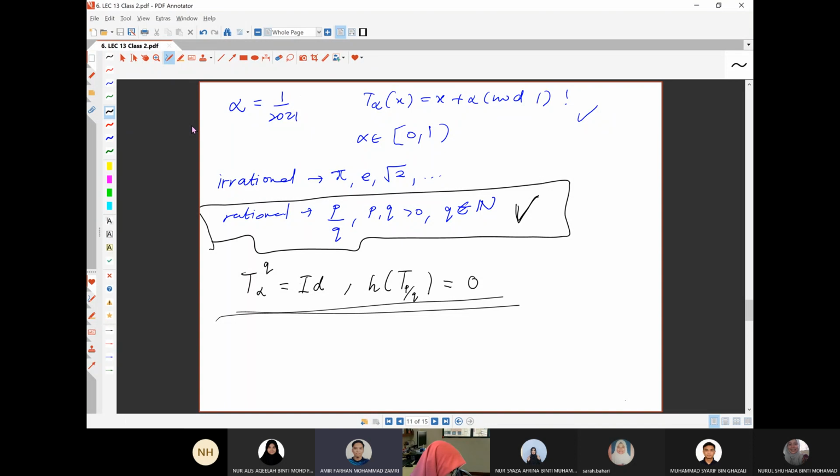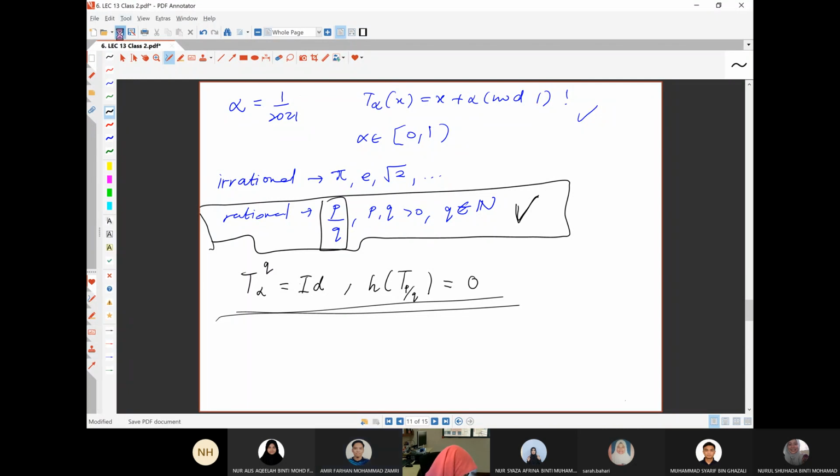So as long as the value is rational, T is periodic, although it may not be Q times to get identity.